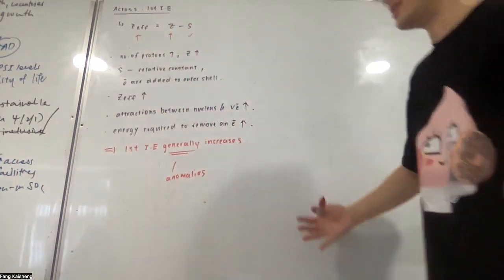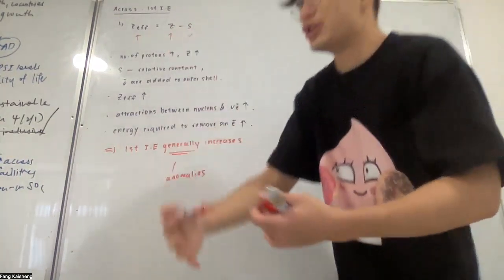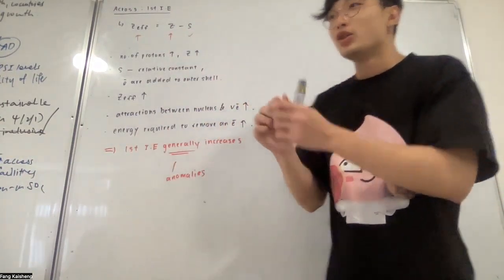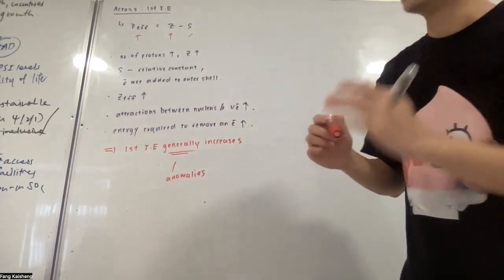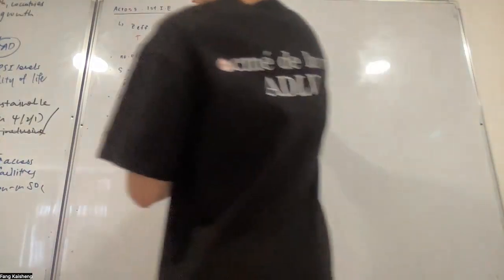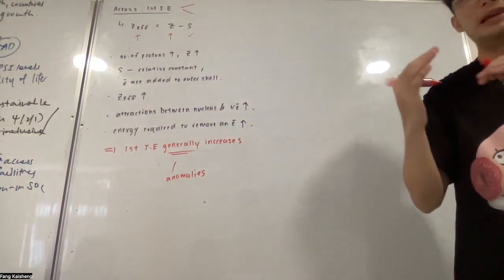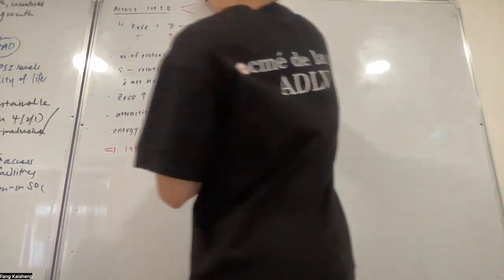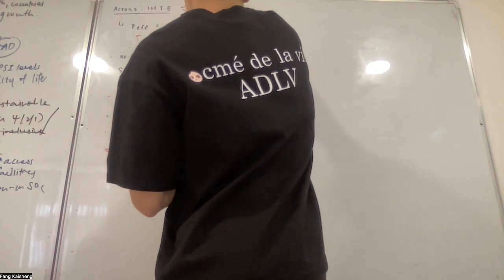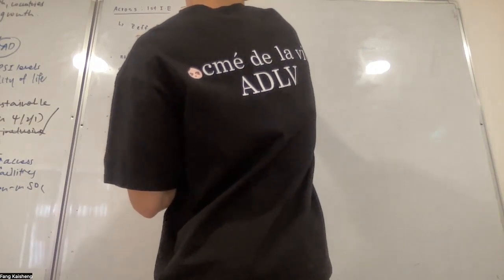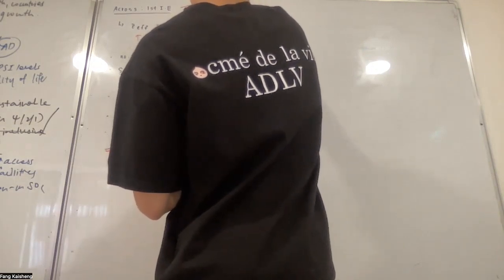Why are there decreases when, based on our explanation, it should be increasing? To make this easier when you study, it's a lot better if you remember for first IE where the anomalies are. If you take a look, it's from group 2 to 13 and from group 15 to 16.